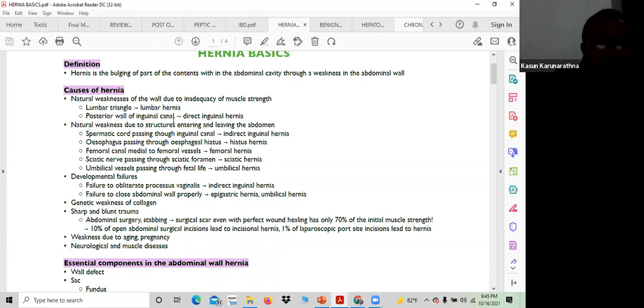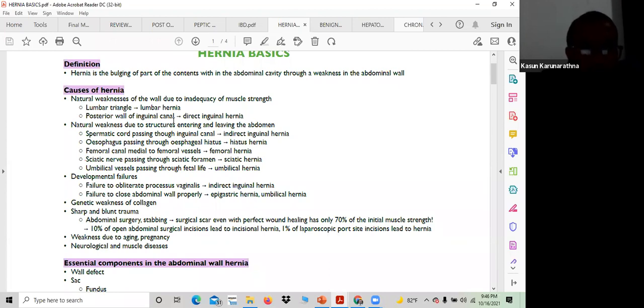orifices. Natural weakness due to structures entering and leaving the abdomen. If you consider indirect inguinal hernia, you have a deep inguinal ring, right? If it gets wider or weaker, contents protrude through that opening.